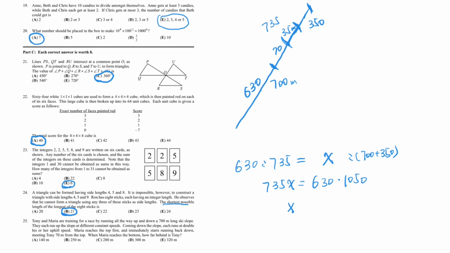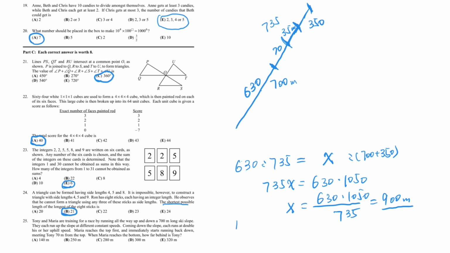Both sides divided by 735, that's 630 times 1050 divided by 735. That's 900 meters. So that means when Maria touched the top, Tony had run just 900 meters.